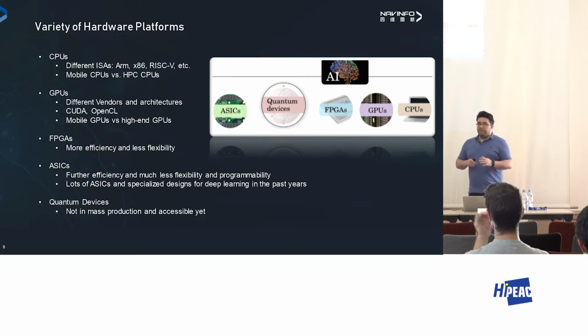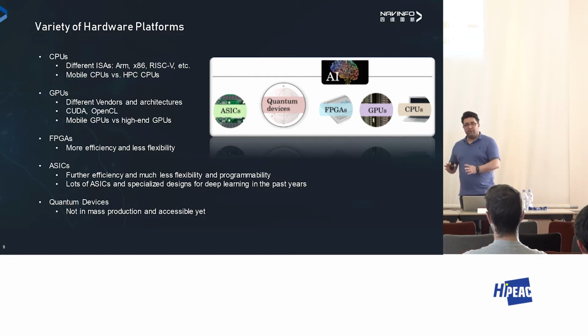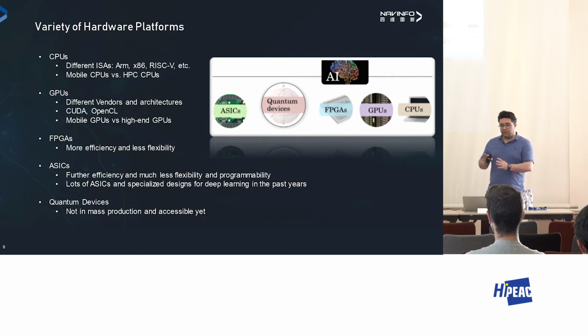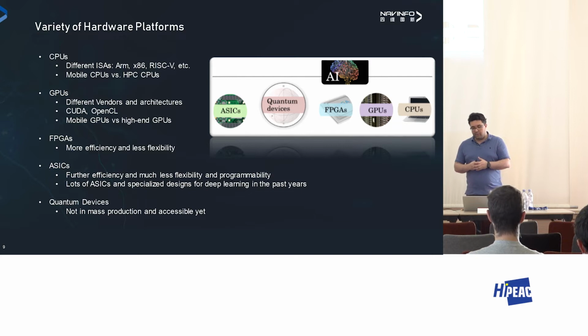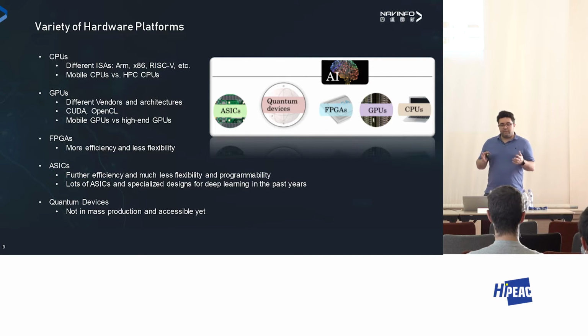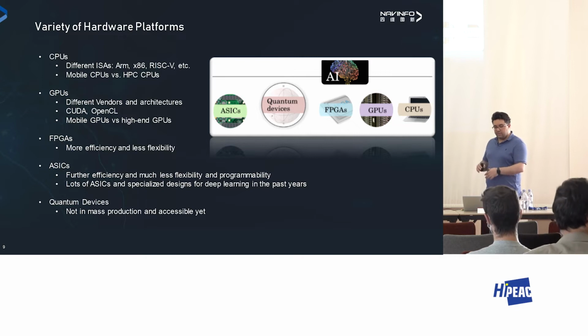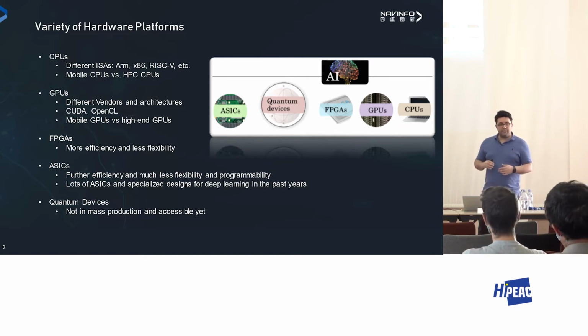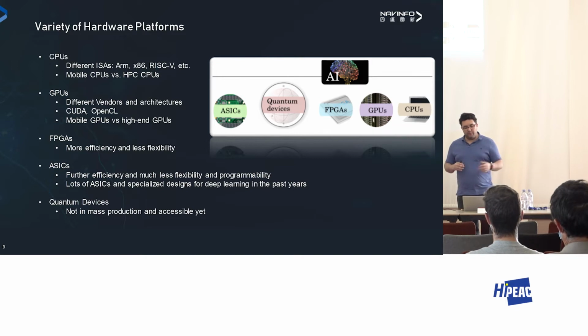So now, after discussing the deep learning frameworks, we move towards the hardware that is going to be running this process. So we have the CPUs, which are well-known architectures, have been there for decades, and we have, of course, different ISAs, instruction set architectures like ARM, we have x86, we have now RISC-V, which is emerging and getting very popular.